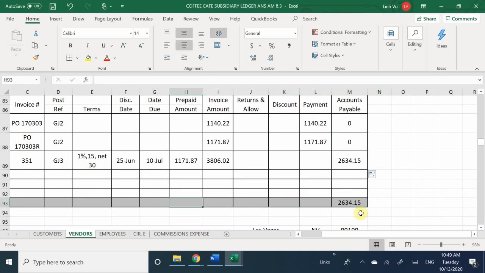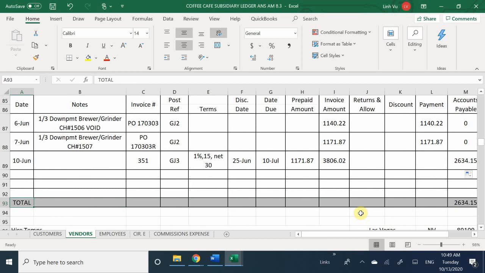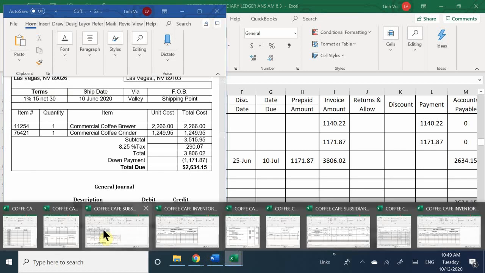In the notes, you don't have to really write anything unless you want to be descriptive about it, such as this was the brewer slash grinder.